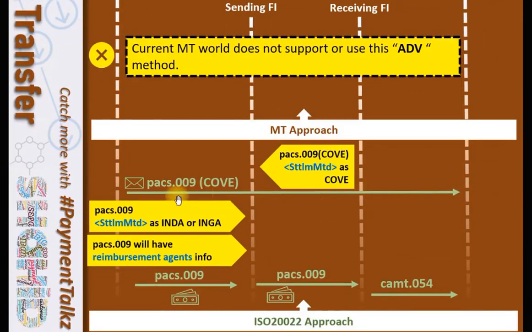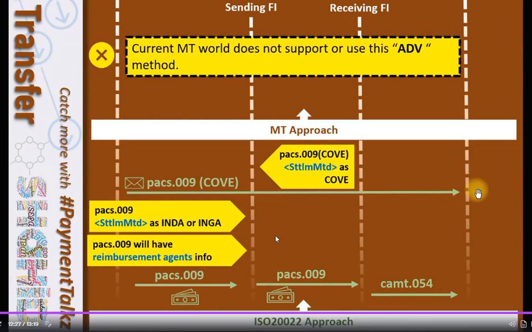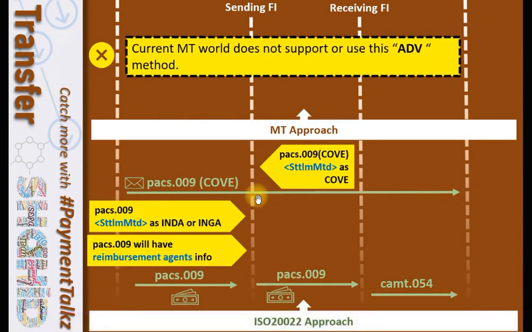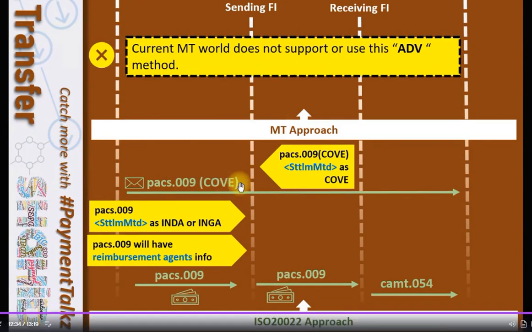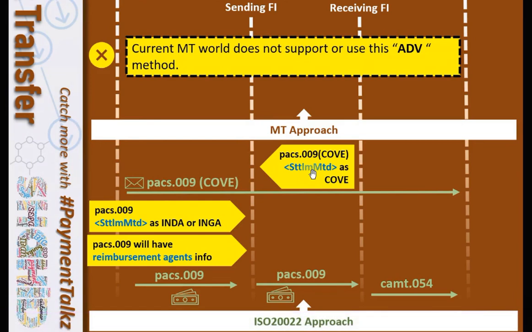Typically what will happen is that directly from the debtor bank, a message will go to the creditor bank or the creditor FI. That will be the PACS.009. Here you see that COVE is mentioned, something similar to what we remember in the customer message with PACS.008. The same will be there with PACS.009, and COVE will be mentioned as the settlement method. That indicates that it is only to cover it or to inform you.